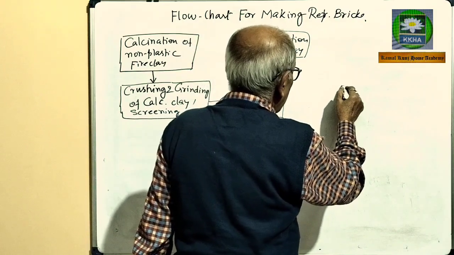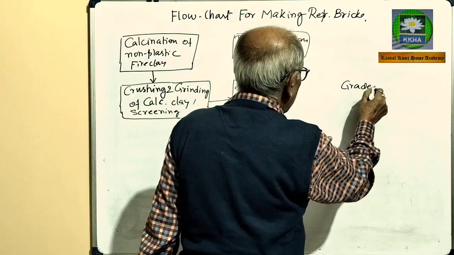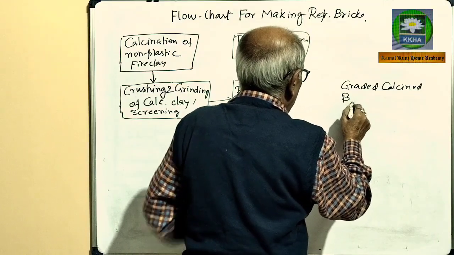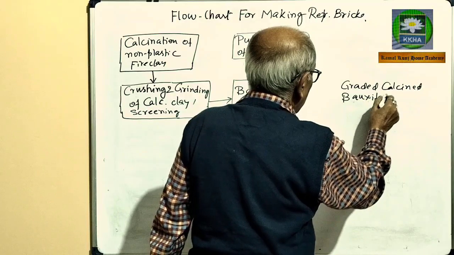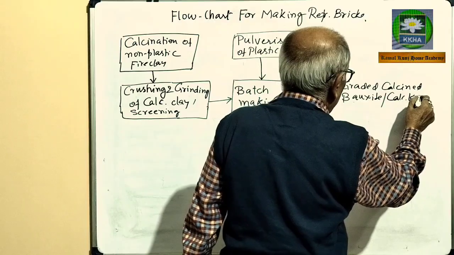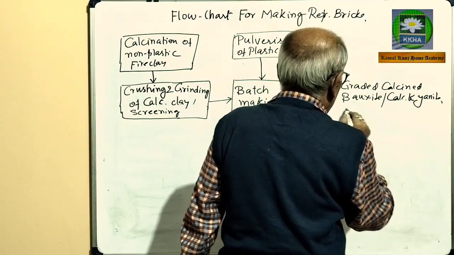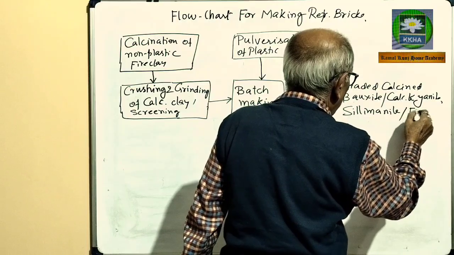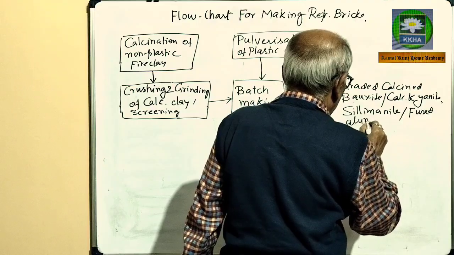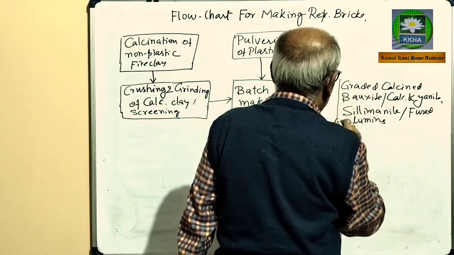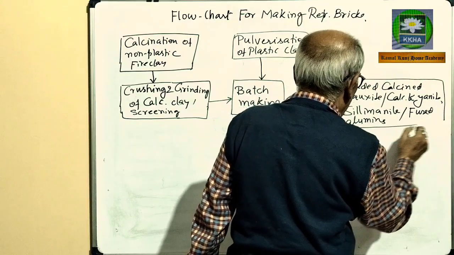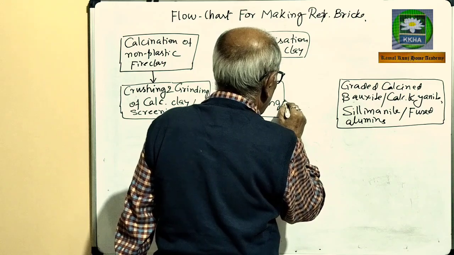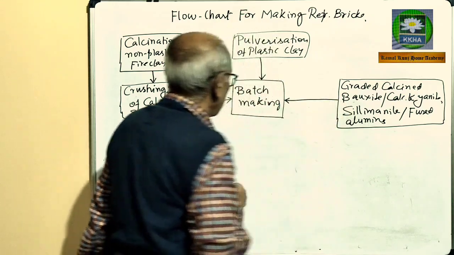We also need high alumina bearing materials, that is graded calcined bauxite, calcined kyanite, sillimanite, also fused alumina, etc. These are generally needed for making high alumina bricks, but here also some amount of bauxite and kyanite is needed, so the required raw material from high alumina bearing materials is also charged into the batch.